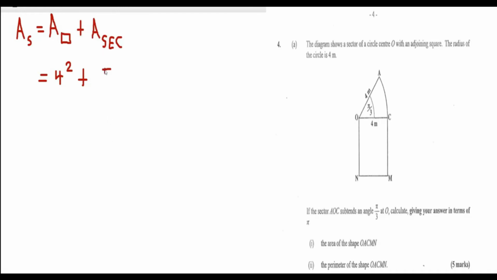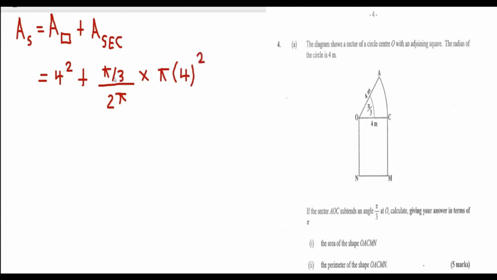So for those who like to do things the CSEC way, it would be theta over 360, but 360 in pi is really 2 pi. So it's pi by 3 over 2 pi times pi times 4 squared. This is for those who like CSEC math.